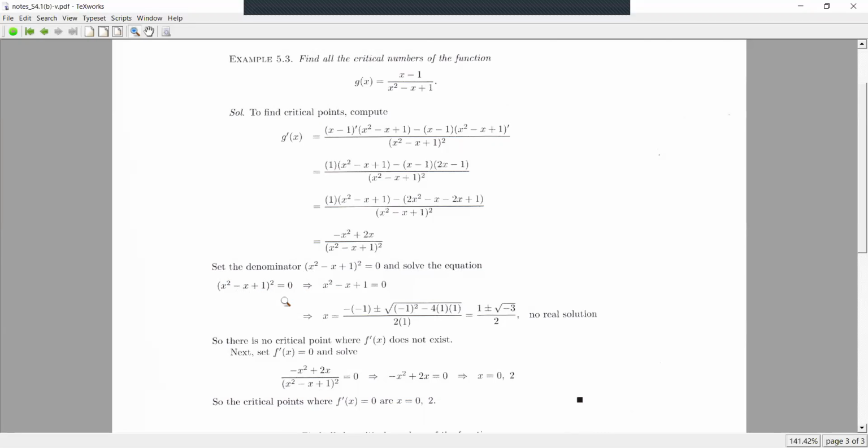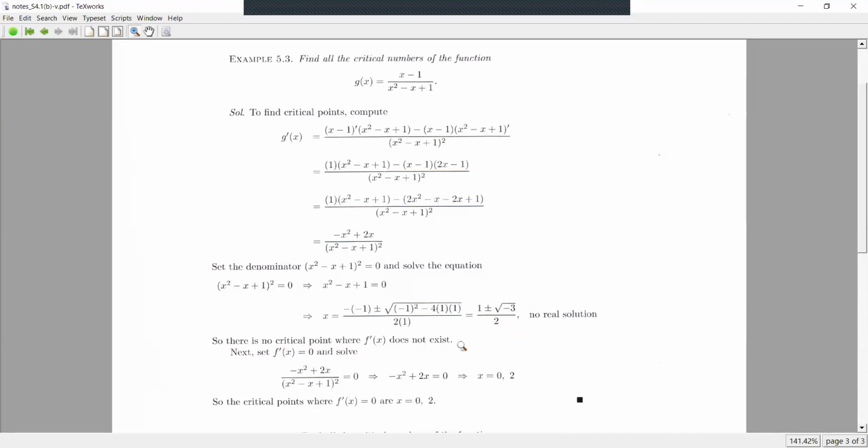Take square root on both sides, then I get this. Then by quadratic formula, I get this. Under this square root, the number is negative, so no real solutions. That means there is no critical point that can make derivative not exist, because there is no real solution.